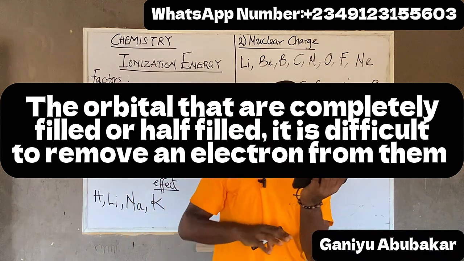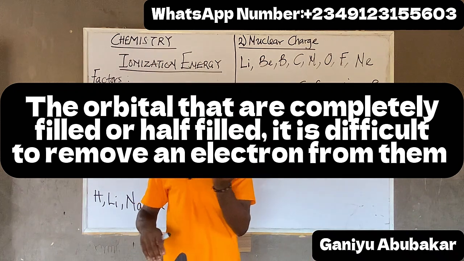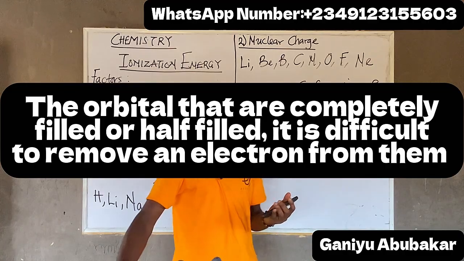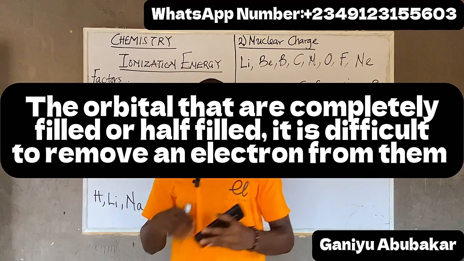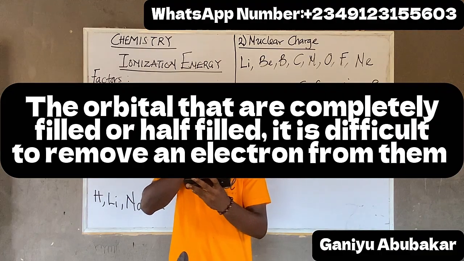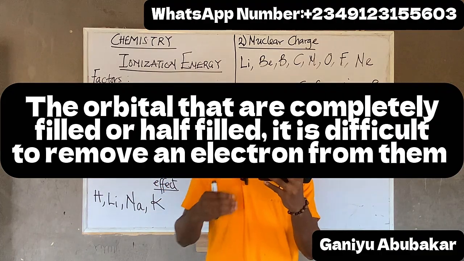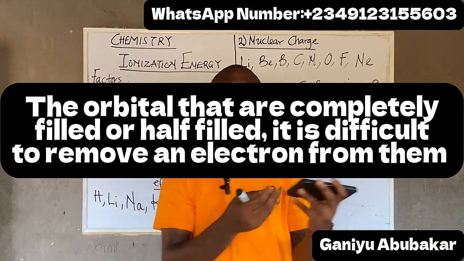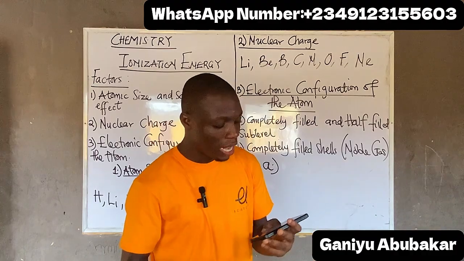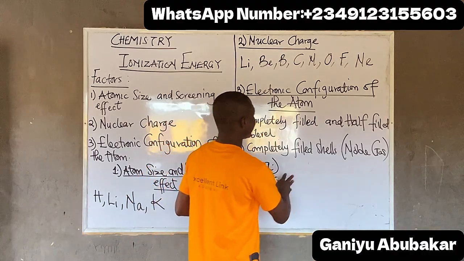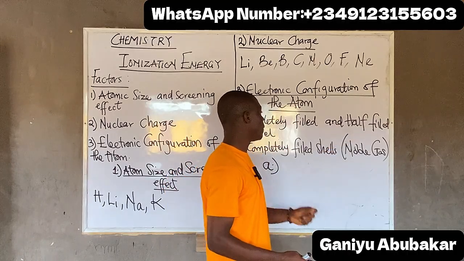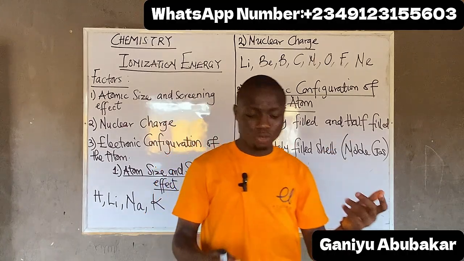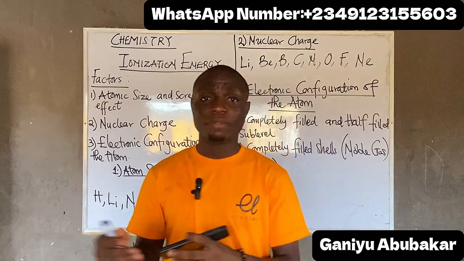Orbitals that are completely filled or half-filled, it is difficult to remove an electron from them. I said orbitals that are completely filled or half-filled, it is difficult to remove an electron from them.